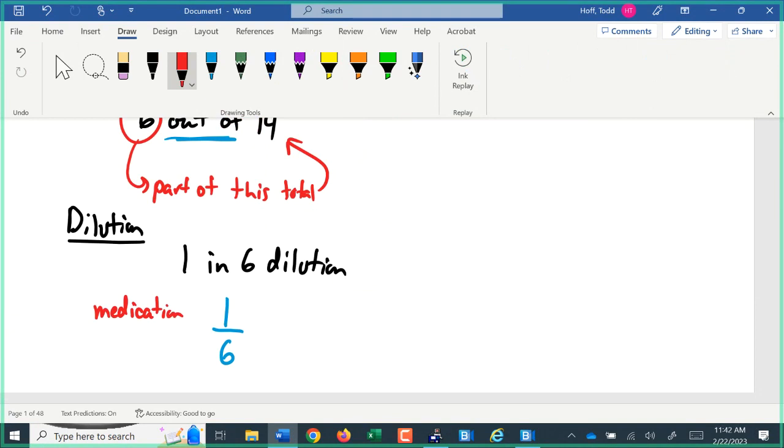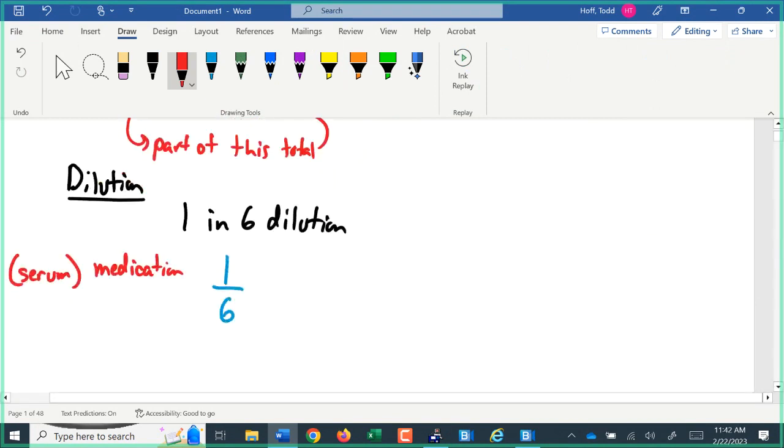The term we're going to end up using for that in this class is serum. This might not necessarily be a medication, but it's an active ingredient of some sort. And the 6 represents total solution.